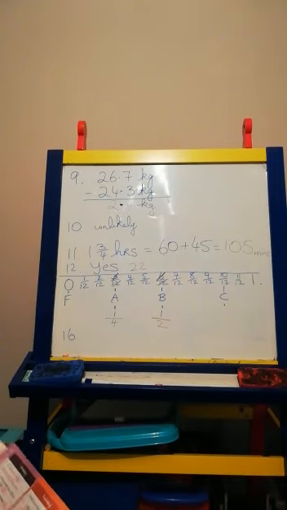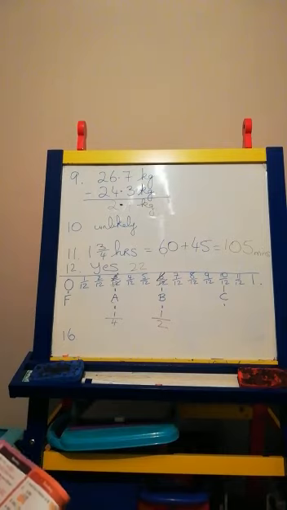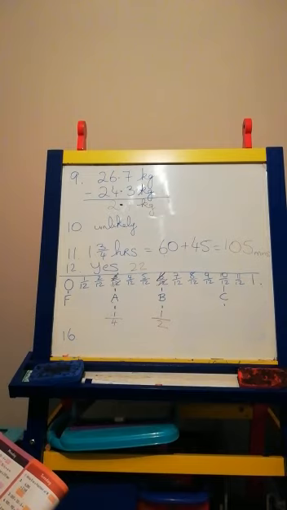Question 15 is next. The frog takes 3 more jumps and lands on C. What fraction is point C? Now I think they made a mistake in the book. I think they should have said the frog takes 4 jumps.